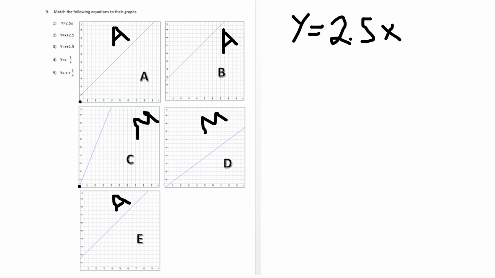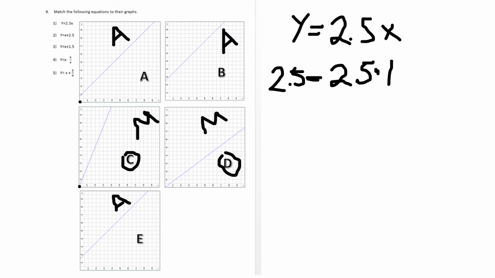So if I look at both of these graphs, both C and D, let's just say I make x equal to 1. Well, 1 times 2.5 is going to equal 2.5. What that shows me is that if I look at 1 on graph C, when x is equal to 1, which is here, if I just follow that up, y hits the line at about 2.5.